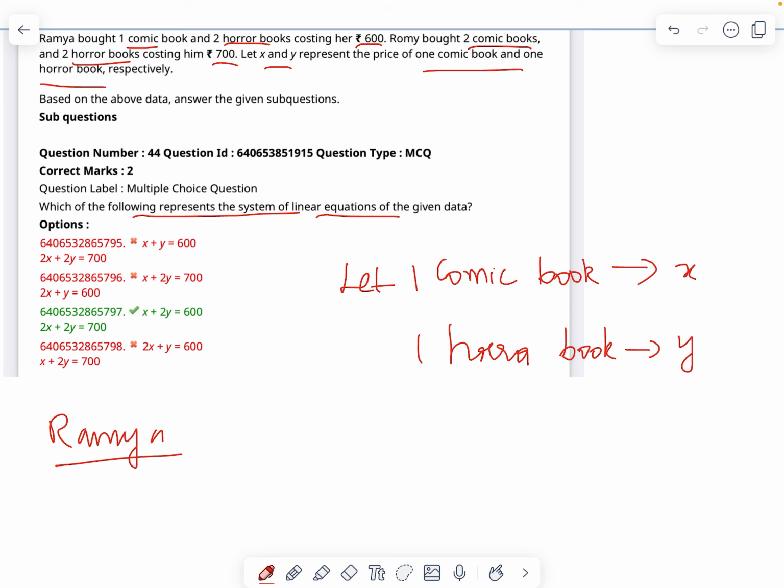Now they have said Ramya is buying one comic book. So one comic book is x and it refers to plus. If you read the question you'll come to know, and two horror books costing 600. So horror book is y. Since it's two horror books, it is 2y, which is equal to the total of 600.